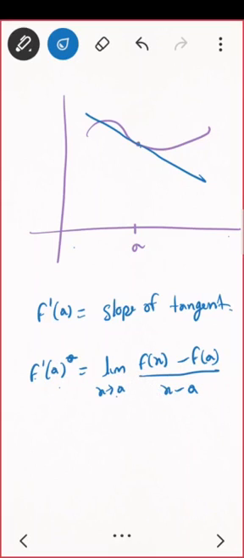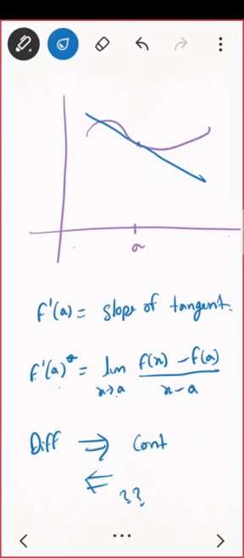Can you give me a function which is continuous but not differentiable? Or first of all, let us see whether differentiability implies continuity or continuity implies differentiability. Which of them is true? What is your guess? Since you have already done it in your 11th and 12th standard, there should not be any guess.